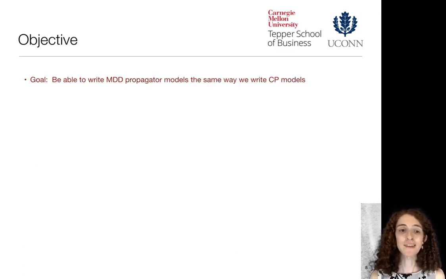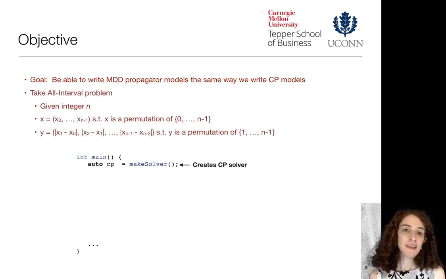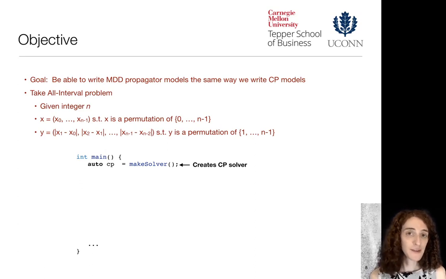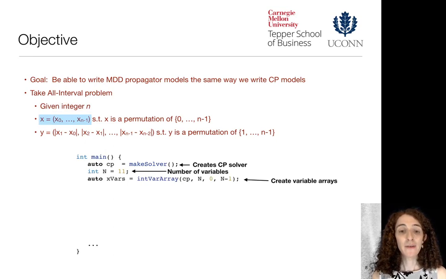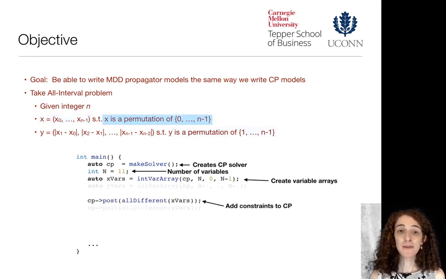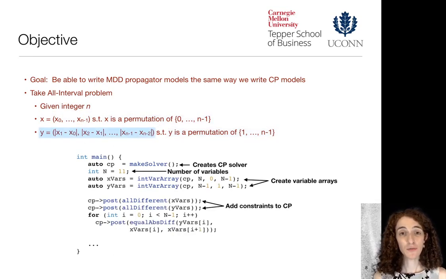Our goal with HADDOCK is to be able to write an MDD propagator model in the same way that we might write a CP model. If we start with a problem, writing a CP model starts with creating your CP solver, taking any parameters you need, and then creating the variable arrays and adding to that CP solver any constraints necessary on those variables.